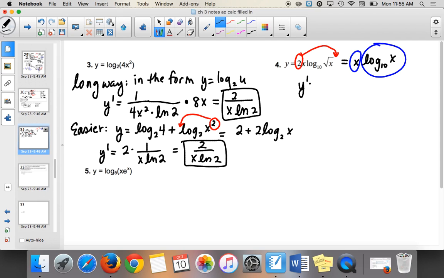So we're going to have y prime equals first times derivative of the second. So the derivative of log base 10 of x is 1 over x natural log of 10, plus derivative of the first is 1 times log base 10 of x. So the x's cancel. So we get 1 over the natural log of 10 plus log base 10 of x.